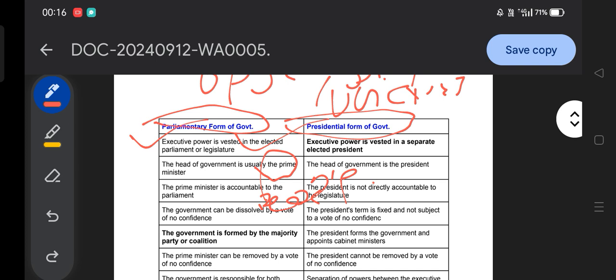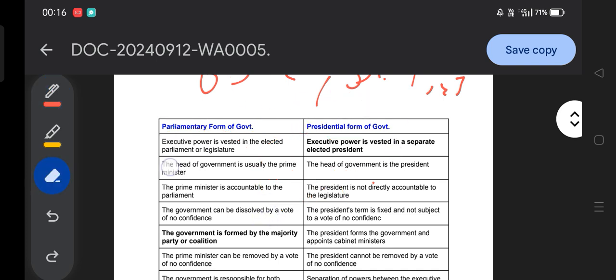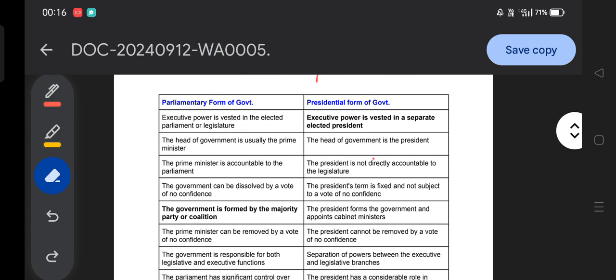Then your answer would be the president. The president of India is the head of the state. I believe this much is pretty clear to all of you.